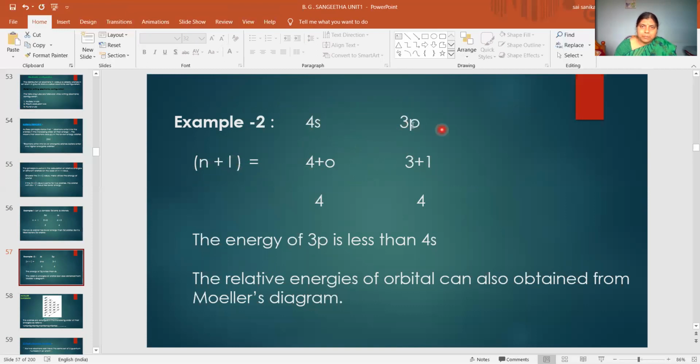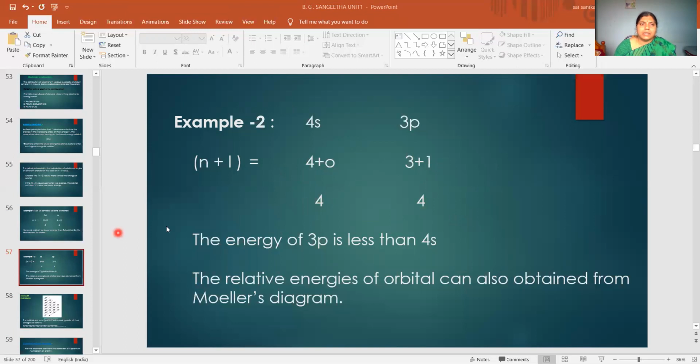L equal to 1 means p orbital, L equal to 2 means d orbital. So 4 plus 0 is 4, and 3 plus 1 is 4. For both the orbitals, n plus L value is the same.